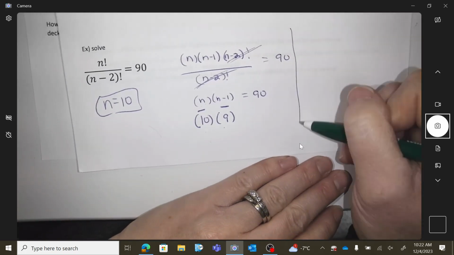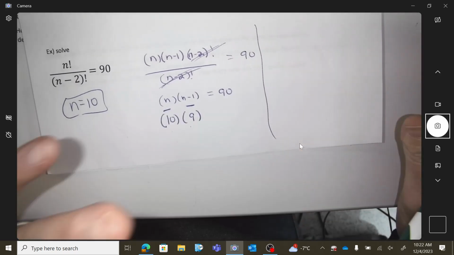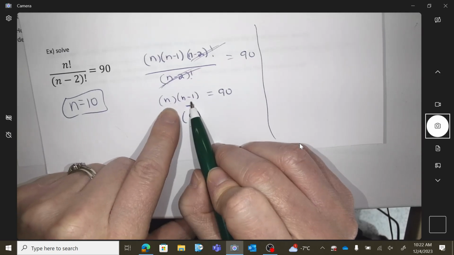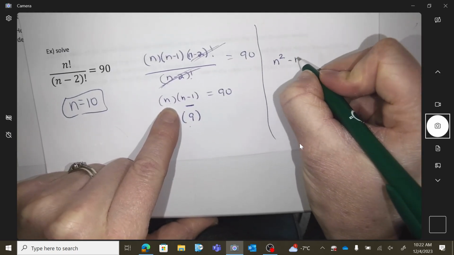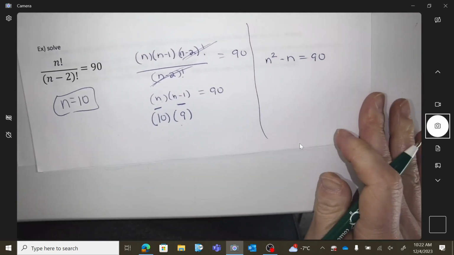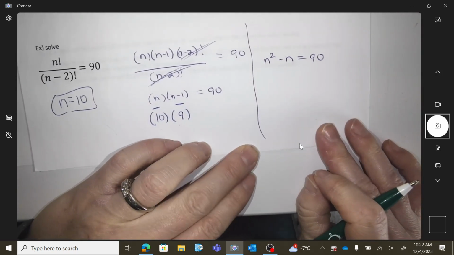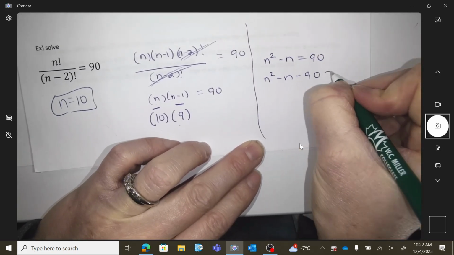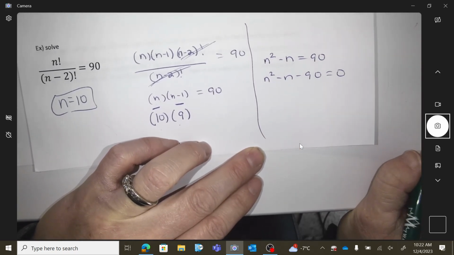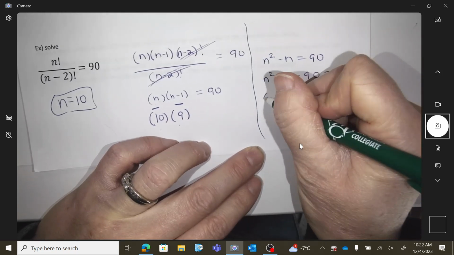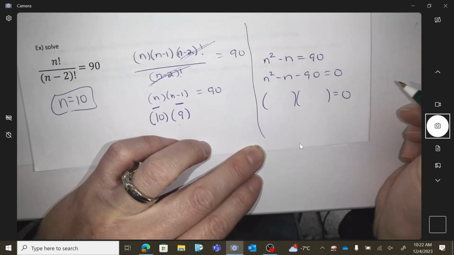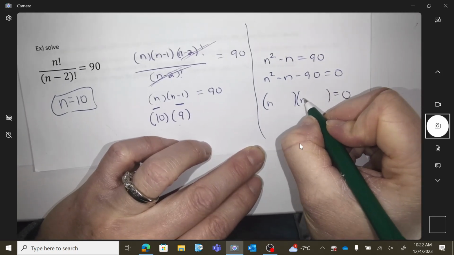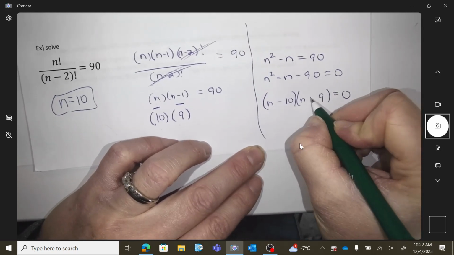Okay, pre-calcy brains. If you don't even want to look at this, that's fine. Pre-calcy brains, you would have multiplied this out, n squared minus n. You would have made it into a trinomial. And you would have factored it. 10 times 9.